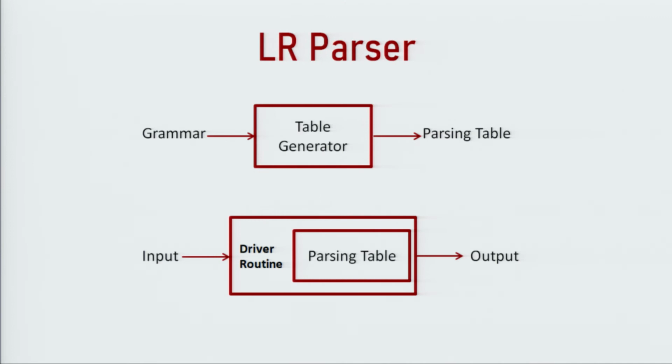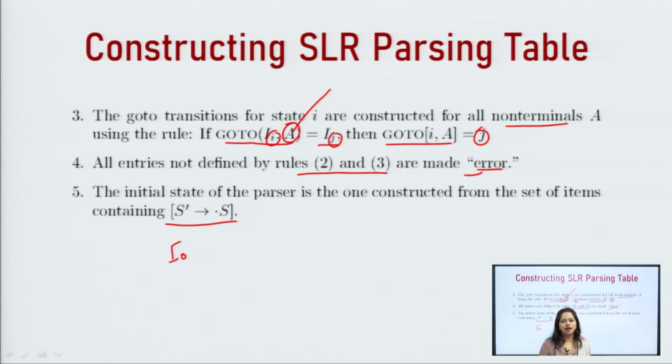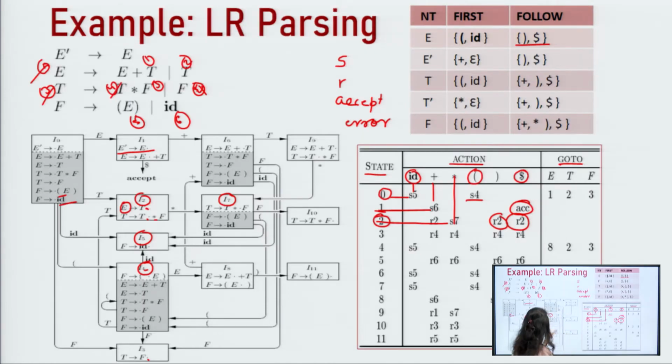Next is the go to. Now see how to fill the go to. For go to we will see go to I comma A and next is J, where A is a non-terminal. So, we will look for the transitions that are marked for non-terminals. In go to I comma A we will write the J number. In this table we will look at the items one by one. Suppose I0, in I0 we will see the transitions with respect to non-terminals.